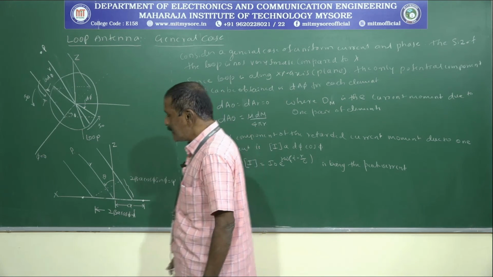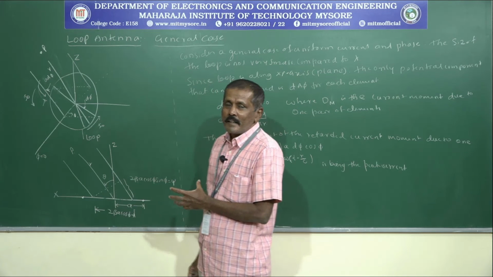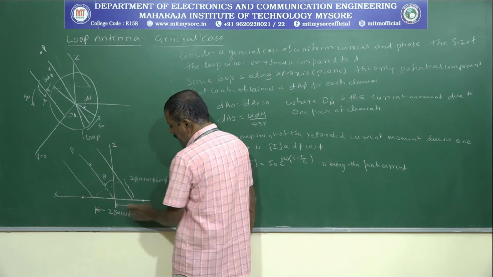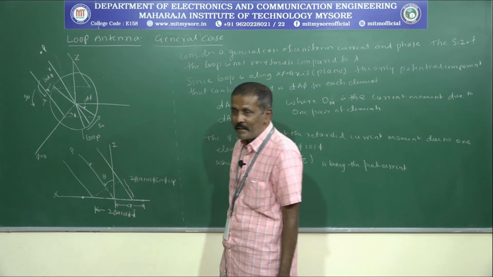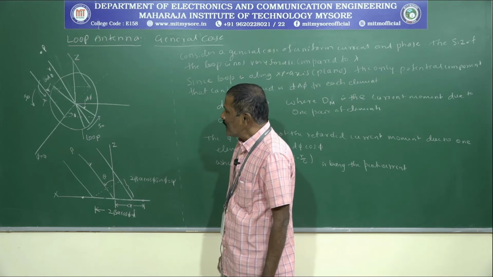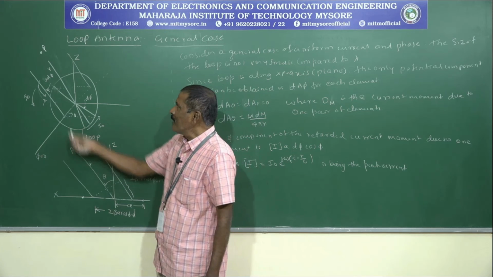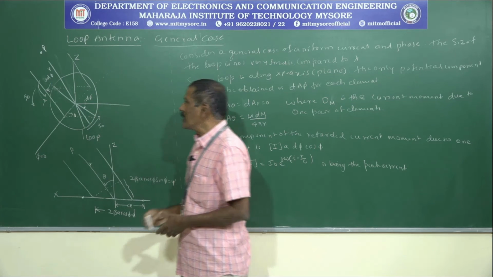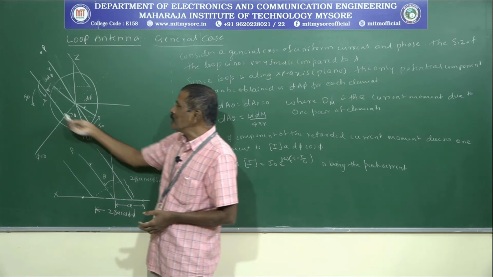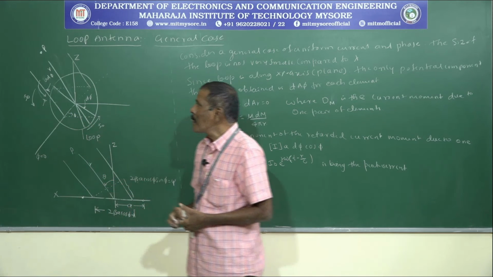What this indicates is that here we are considering a pair of elements. Here I am having one antenna element and here I am having another antenna element. Each antenna element has a length a, and this is the point P where we are measuring the signal strength, and the current flowing through this antenna is I0.